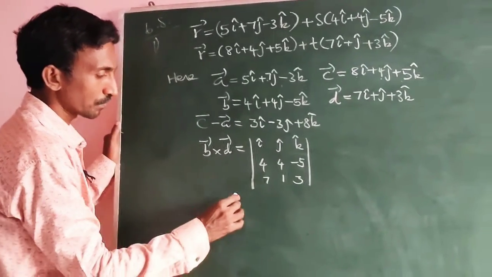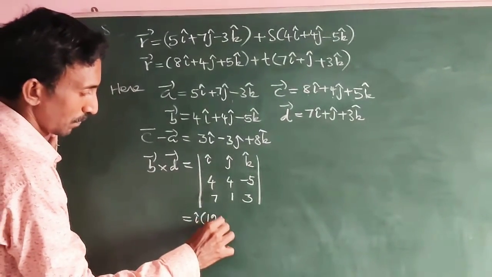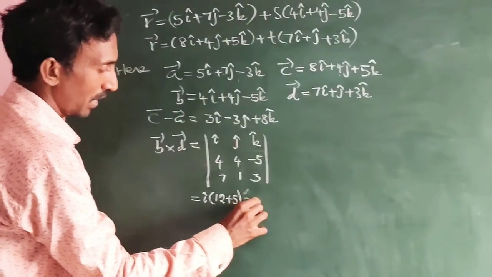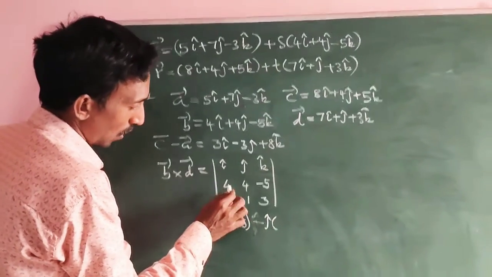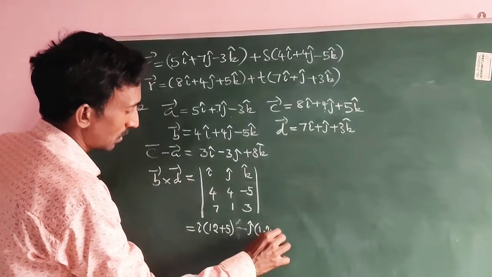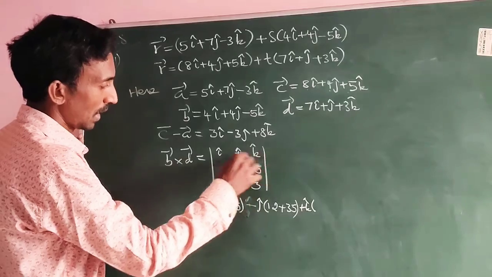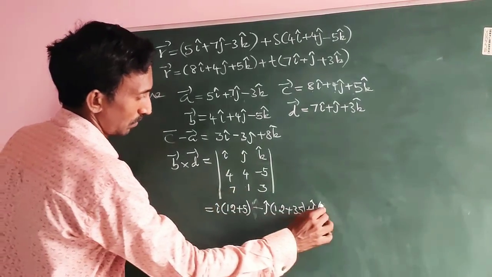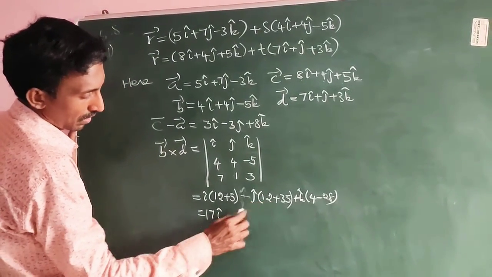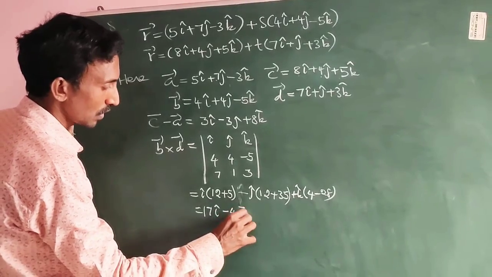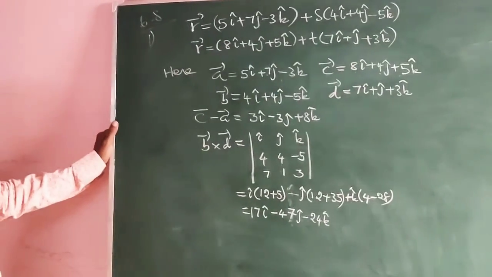Expand this: i vector into 12 plus 5, minus j vector into 12 plus 35, plus k vector into 4 minus 28. So 17i minus 47j minus 24k is b cross d.